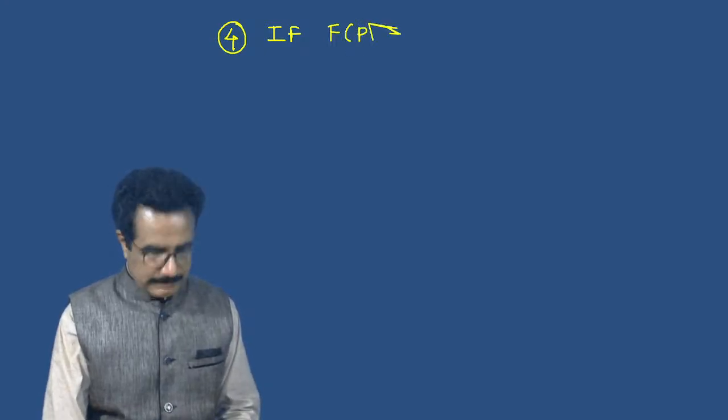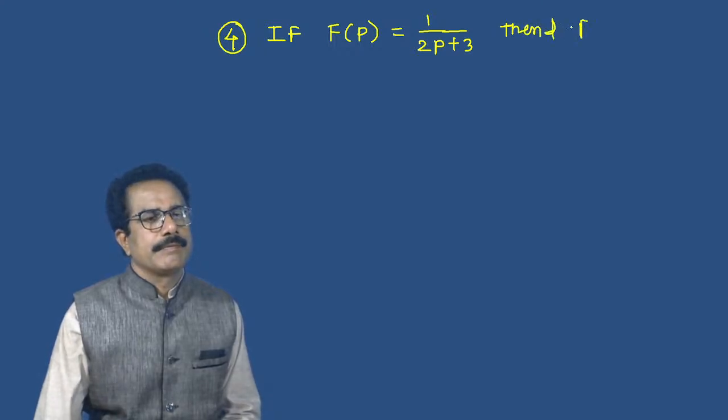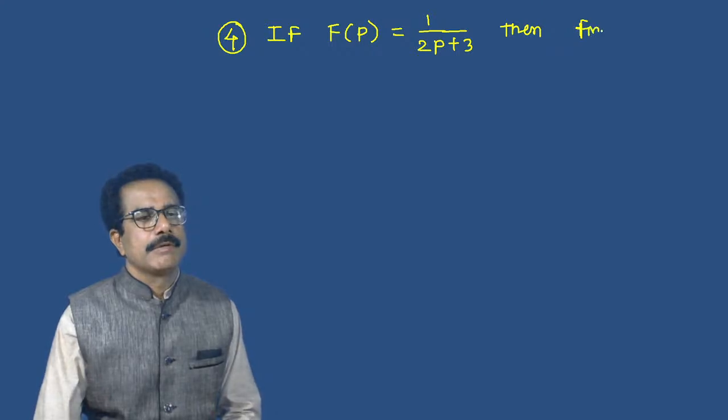So next problem we have to solve: if capital F of p is equal to 1 upon 2p plus 3, then find L inverse of capital F of p.